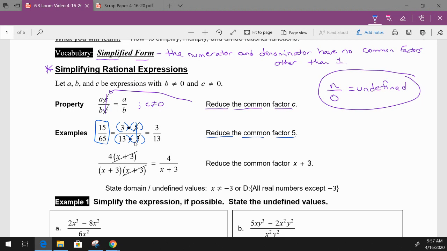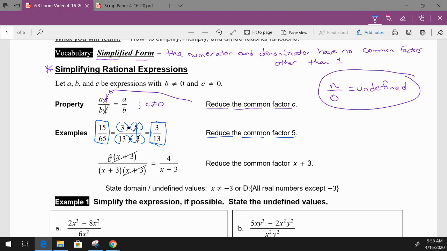Now, since 5 is not a variable, you don't have to state anything like c cannot equal 0. So the simplified fraction, this is a rational number, is 3 over 13, and it is equivalent to what you started with. Here's another example, and this is one that's already factored.